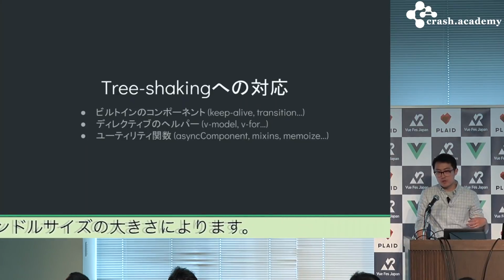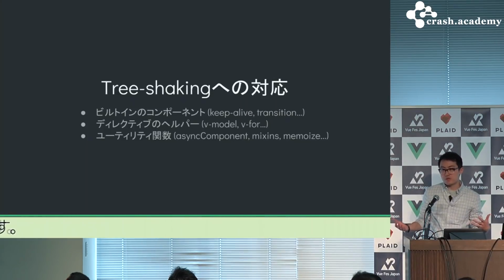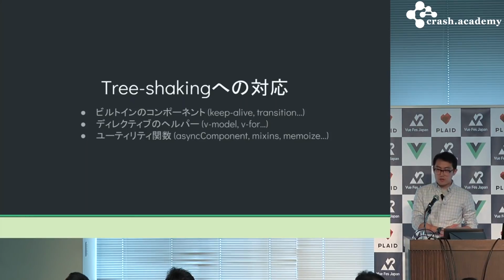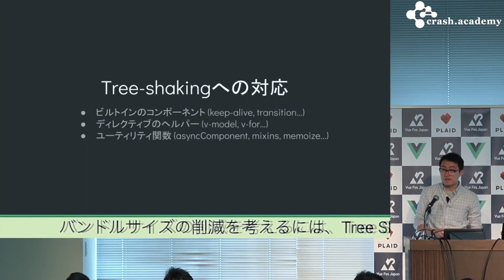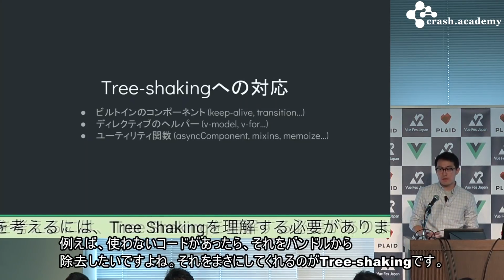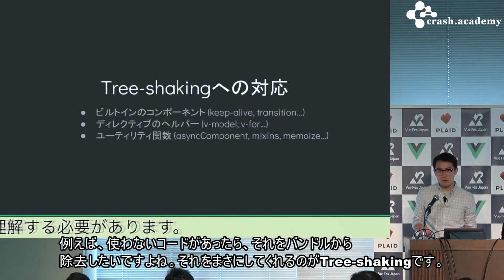For example, when you use a framework like Vue, we are shipping a lot of features, but you don't necessarily use every single feature. Sometimes you may just use maybe half the features, and it would be best if we can remove the code of the features that you did not use. Tree shaking does exactly that. And Vue 3.x is designed with tree shaking in mind.